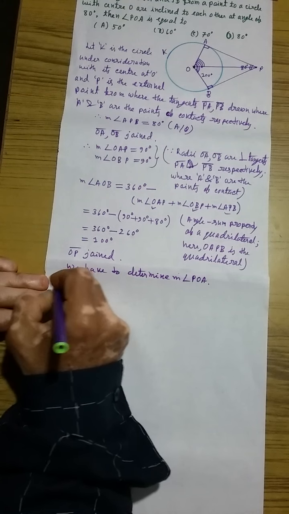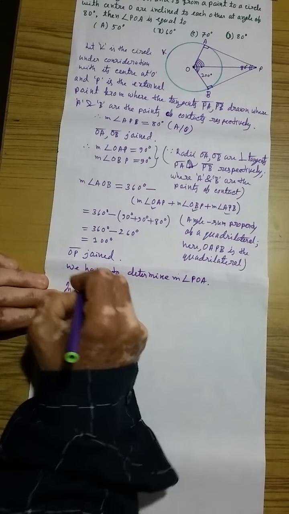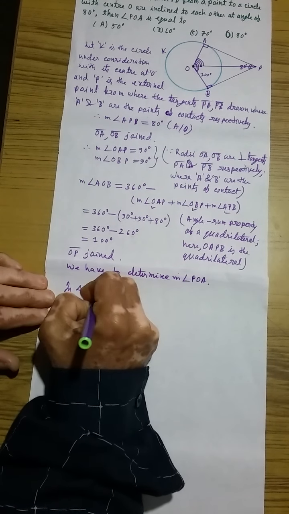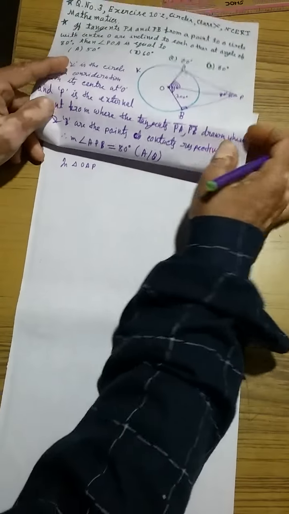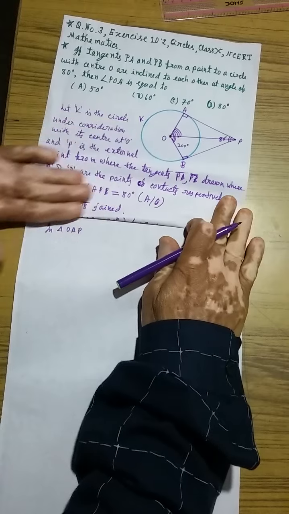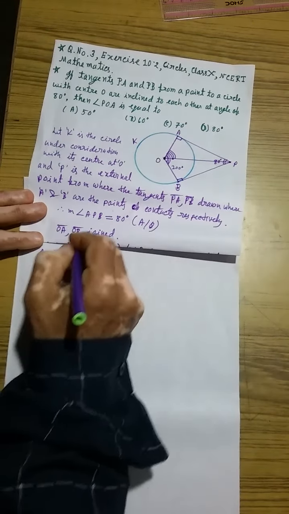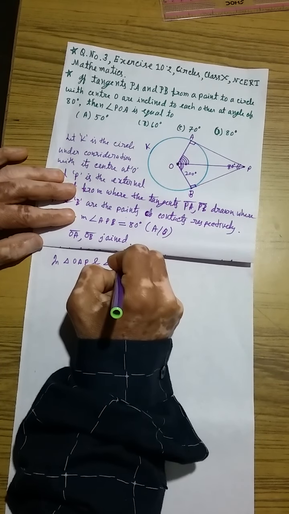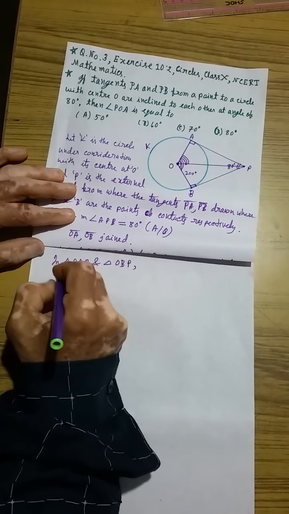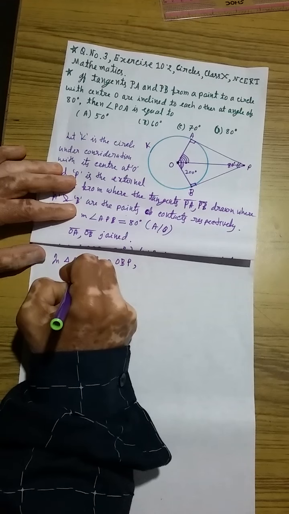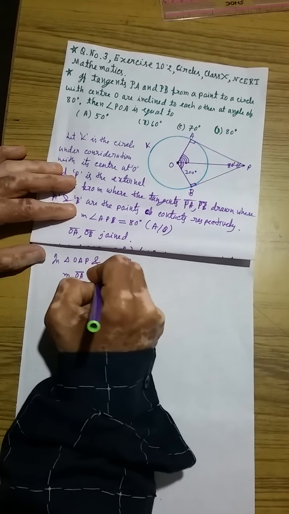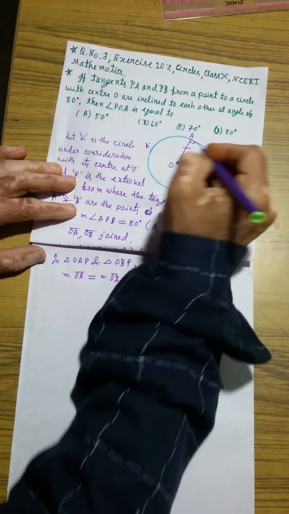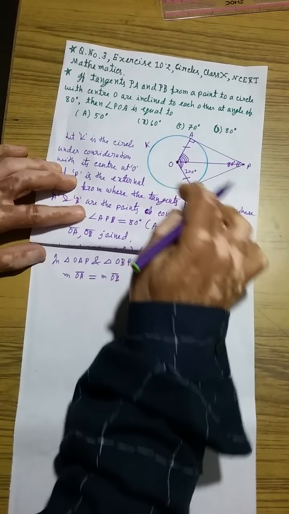Proceed in this way. In triangle OAP and triangle OBP, measure of OA is equal to measure of OB.